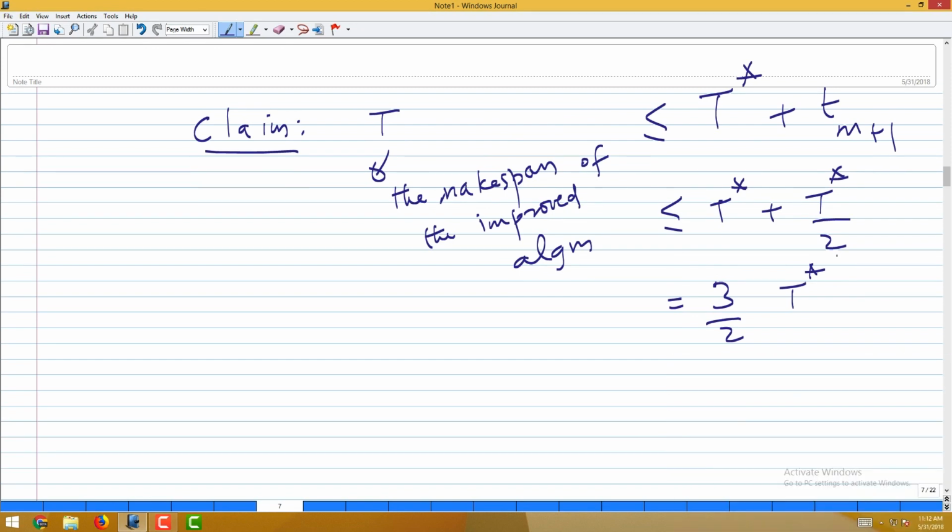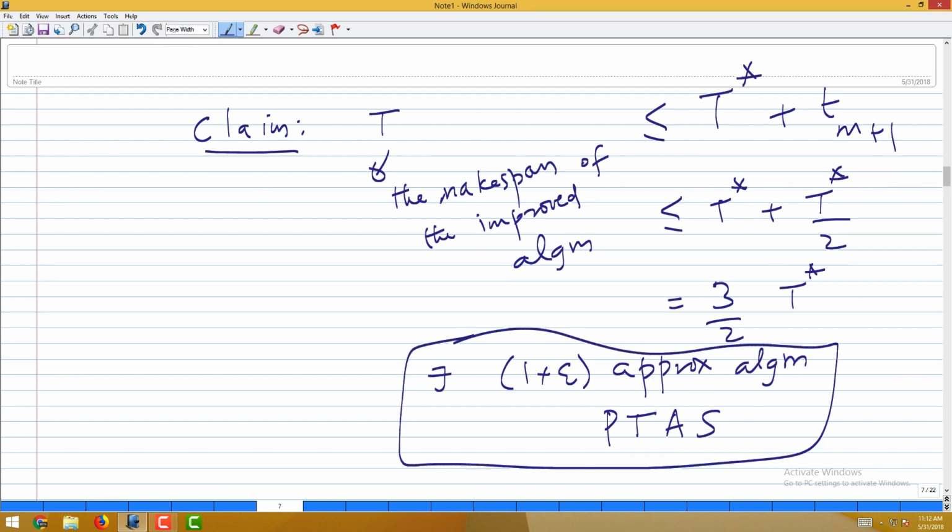And it turns out that there are even better algorithms known, you can get to 1 plus any epsilon. We won't talk about them here, but these are called polynomial time approximation schemes, where you can get the approximation ratio arbitrarily close to 1.